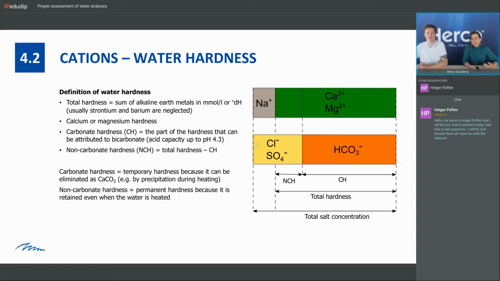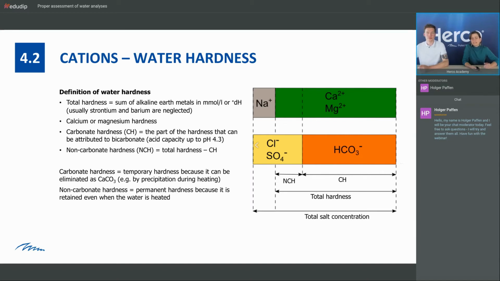So if you look at calcium and magnesium, that would be the calcium and magnesium hardness. These cations have certain anions to complement them, and mostly they're complemented by bicarbonate or hydrogen carbonate, the correct name. This is the carbonate hardness, the part of the hardness that can be attributed to hydrogen carbonate or bicarbonate.